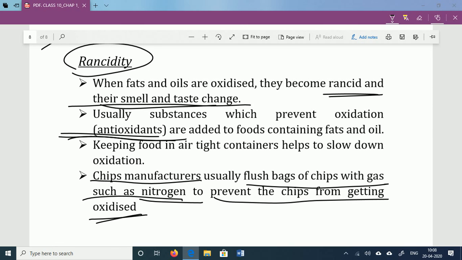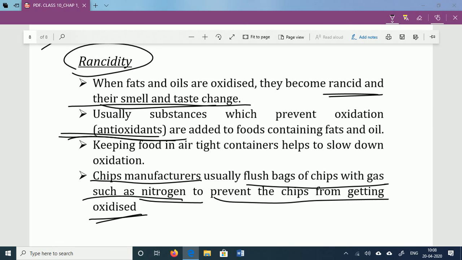So this type of chips is healthy. If you purchase Balaji chips or any other chips in which the gas is not filled, then definitely those chips are not suitable for health, not healthy food. Understand? So this is about the rancidity process. It is also one example of the oxidation reduction reaction.